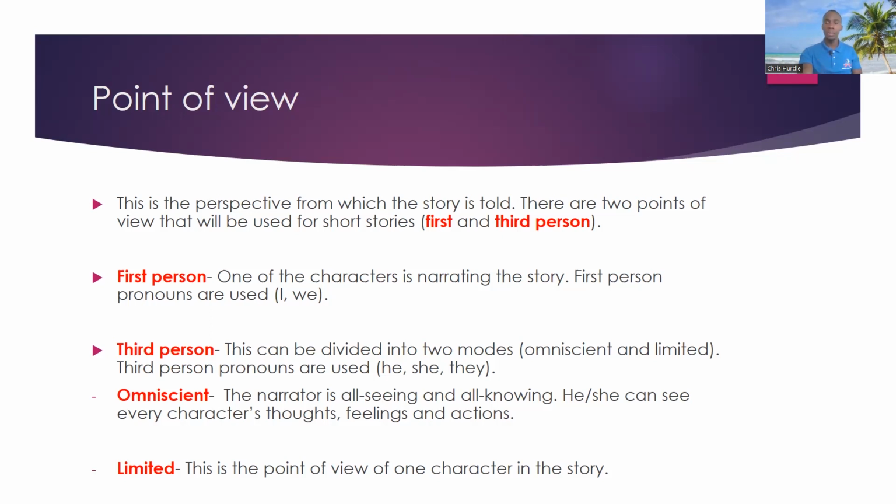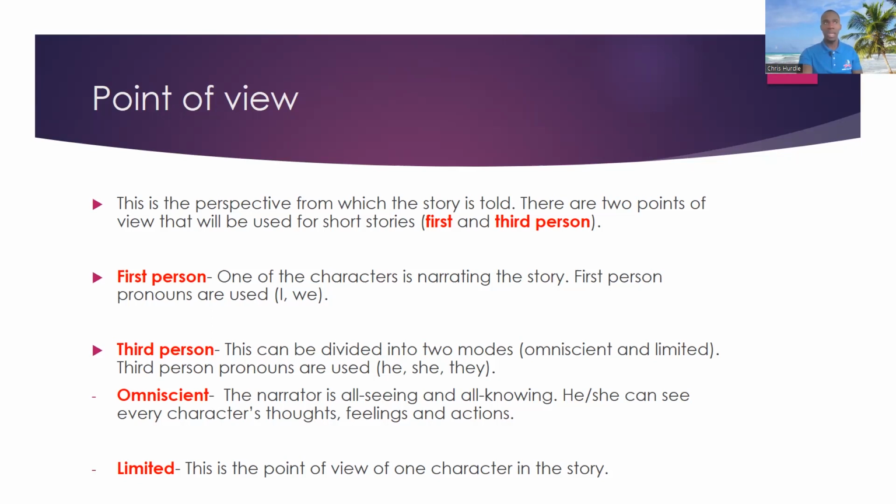But with the third person limited, the story is told from the point of view of one character within the story. It's not the first person, but it is the third person, but it is going to be told from one of the characters' points of view, right? So this is why it's called the third person limited.